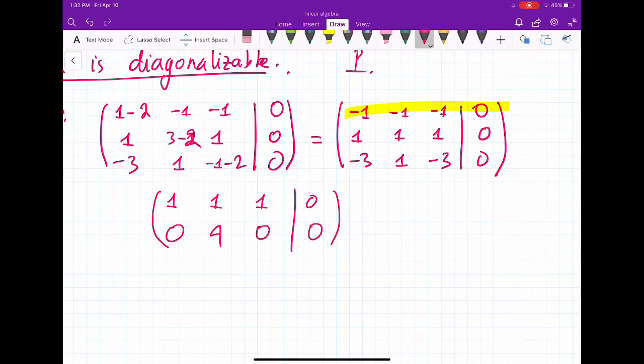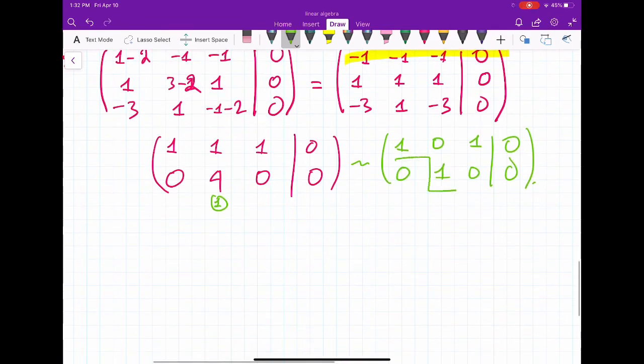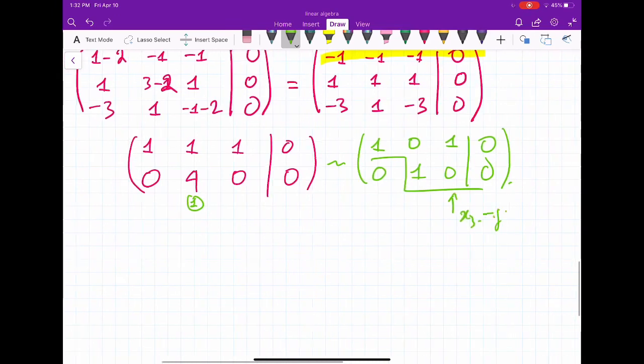And of course, I can divide the second row by 4. I make this just 1, and then multiply the second row by negative 1, add to the first. So I have the following form. 1, 0, 1, 0, 0, 1, 0, 0. From here, I see, yes, x3 is a free variable, right?